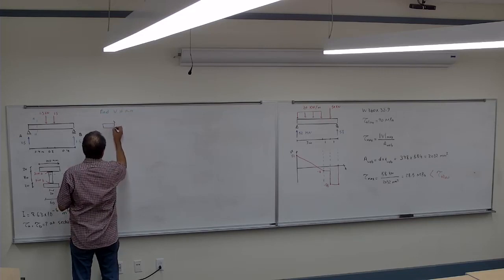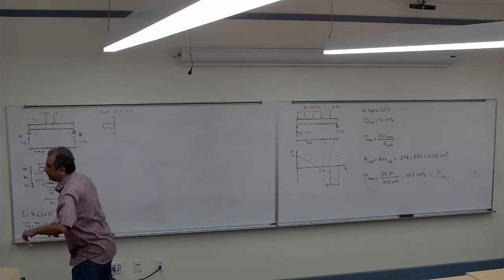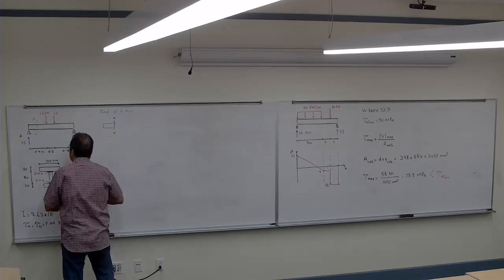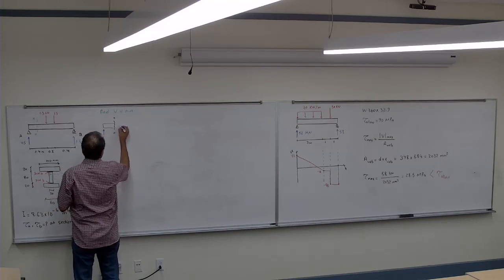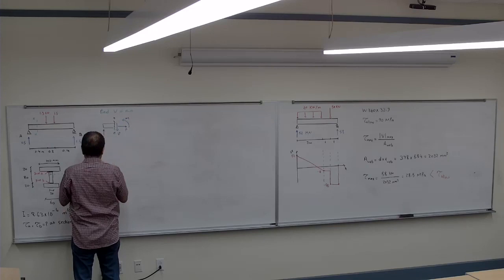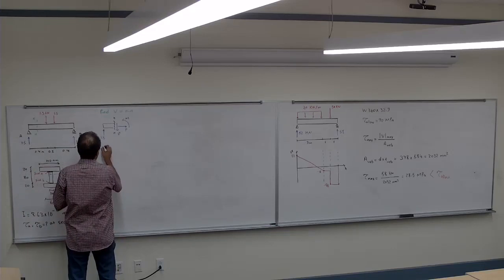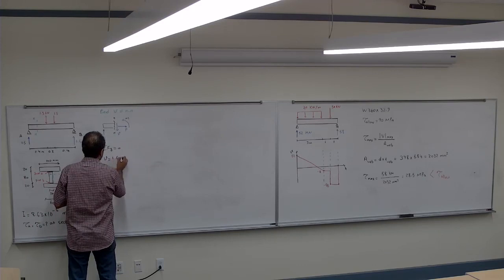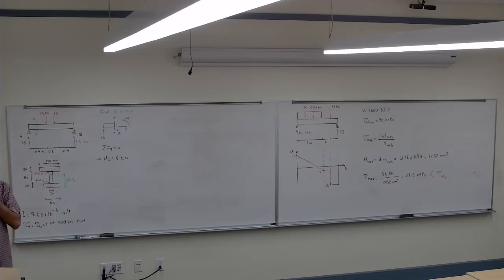I'm cutting it at NN, and then what I have is 1.5 here. Then I have the P, which is going to be 0. Then I have the V, and then I have the M. Okay? So sigma Fy is 0. Therefore, the V is 1.5 kilonewton. Agree?